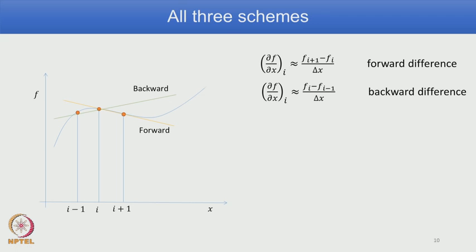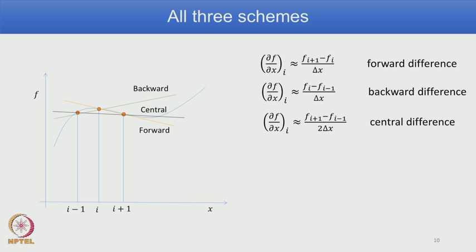For backward differencing, it is evaluated using the function values at I and I minus 1, and for the central difference scheme it is evaluated using function values at I plus 1 and I minus 1. So, you see here the function curve actually is this way, and you are evaluating the slope by 3 different methods, and for each method there is an error associated, it is not always perfect.